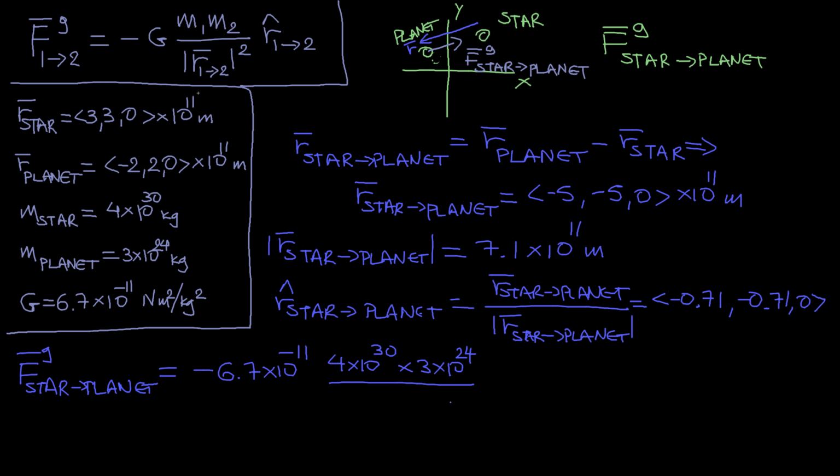Then you divide this by the magnitude of the vector squared, so it will be 7.1 times 10 to the 11th, and you have to take the square of all of that, and then this will be times the unit vector, which I have right here, minus 0.71, minus 0.71, and 0.